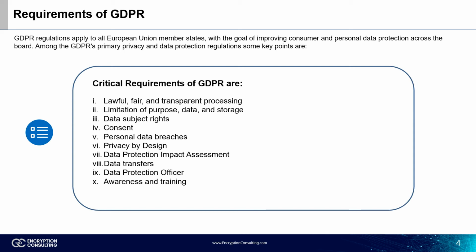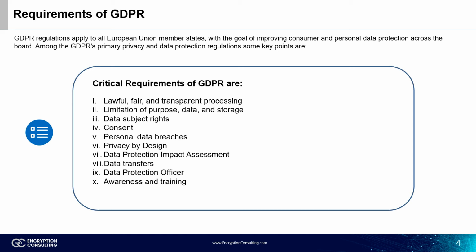Number 6, privacy by design. Organizations should incorporate organizational and technical mechanisms to protect personal data in the design of new systems and processes. Number 7, data protection impact assessment. A data protection impact assessment should be conducted when initiating a new project, change, or product. Number 8, data transfers.